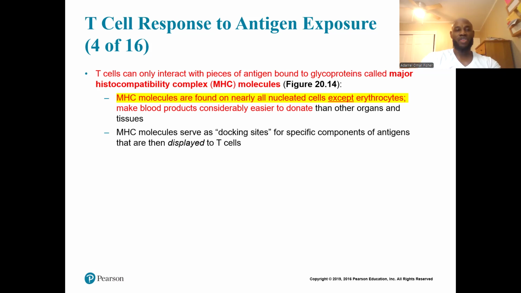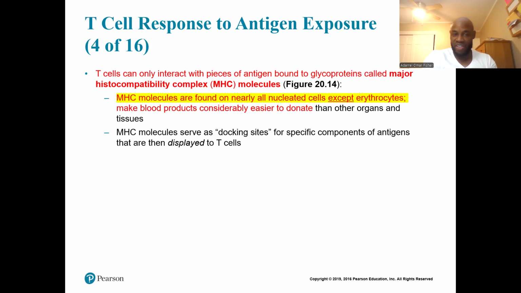T cells can only interact with pieces of the antigen bound through a glycoprotein called a major histocompatibility complex, MHC molecule. So the MHC molecules are found on nearly all nucleated cells, except blood cells, that's why blood cells are easier to donate. But the MHC molecules serve as a docking site for specific components of antigens that are then displayed to T cells.